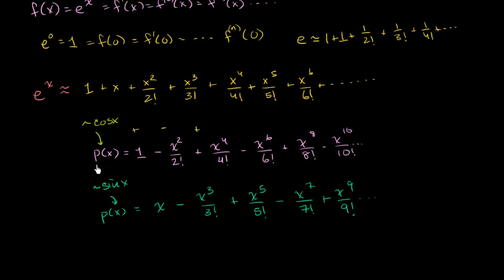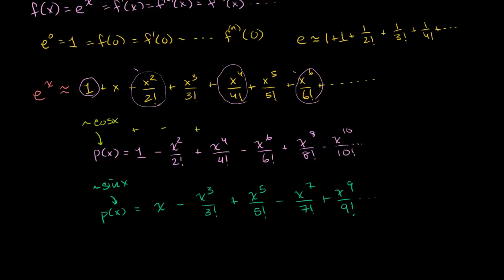Before, you probably would have guessed maybe there's some relationship between cosine and sine. But what about e to the x? What you see here is that cosine of x looks a lot like this term plus this term, although we would want to put a negative out front here, so it's a negative version of this term right here, plus this term right here, plus a negative version of this term right over here.